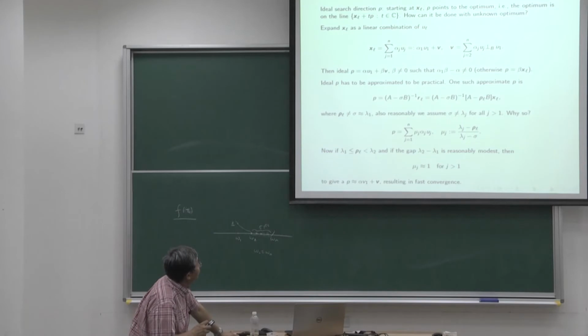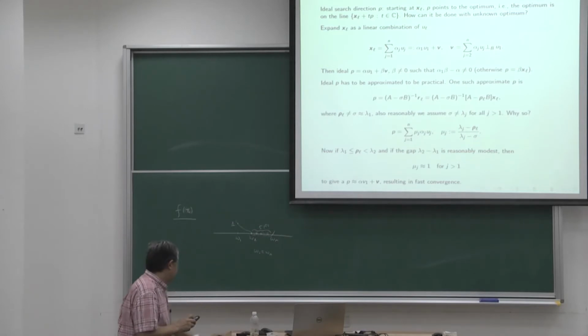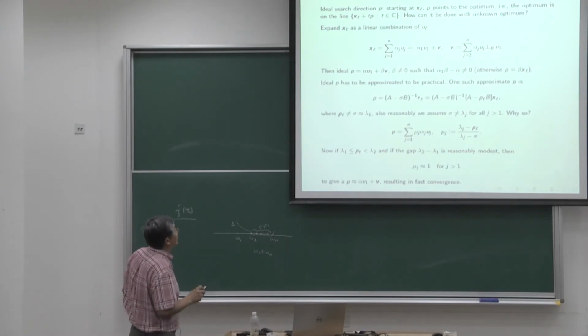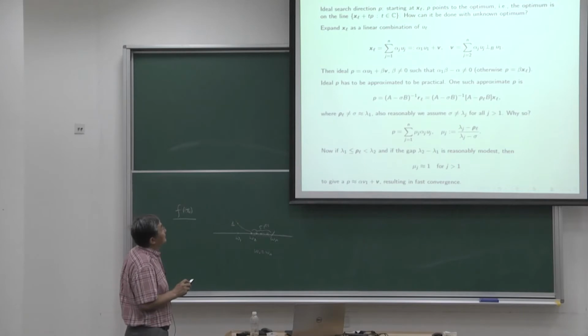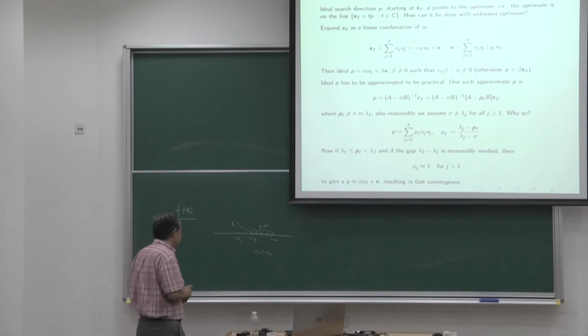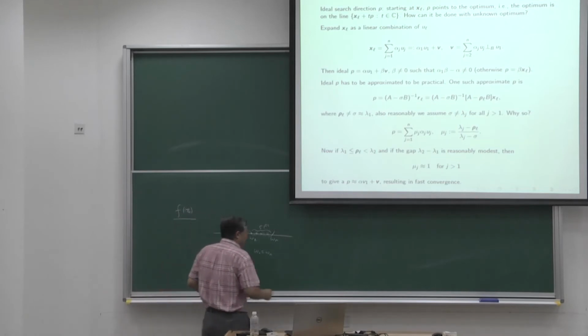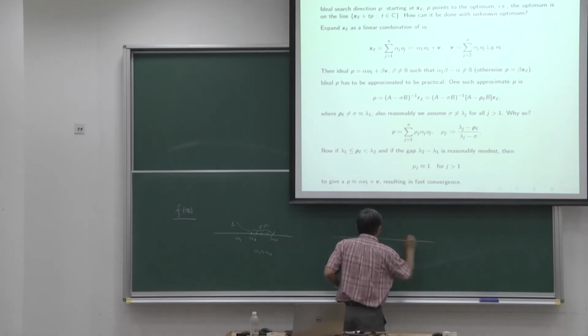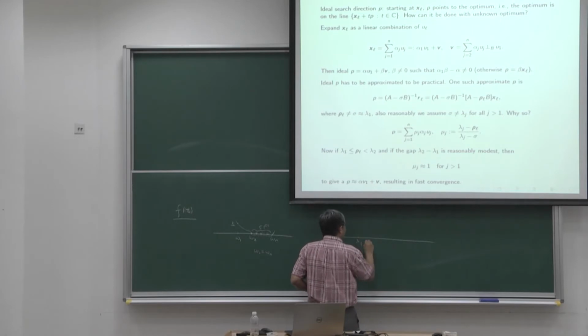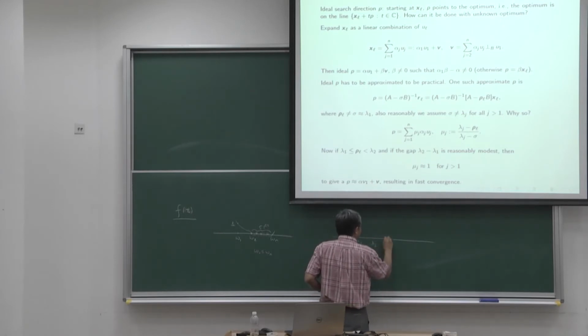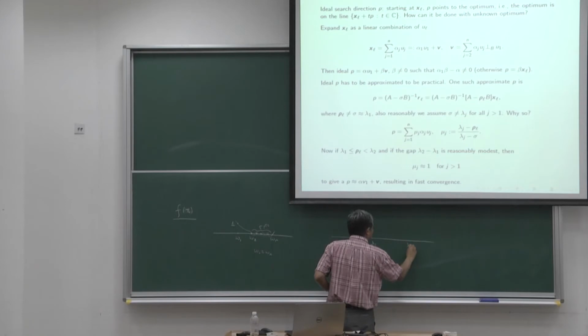Let's look at it. It's reasonable, suppose we're computing lambda 1, that we pick sigma almost lambda 1 but not equal to any of the lambda j, through lambda n.